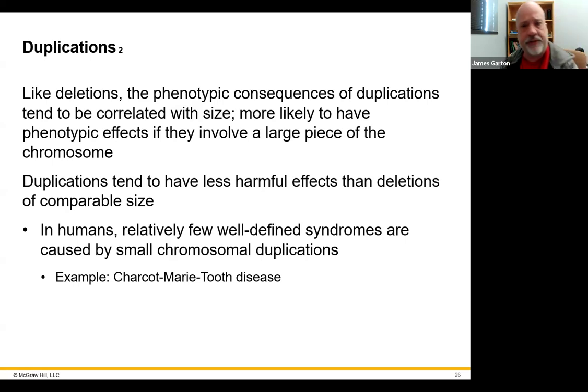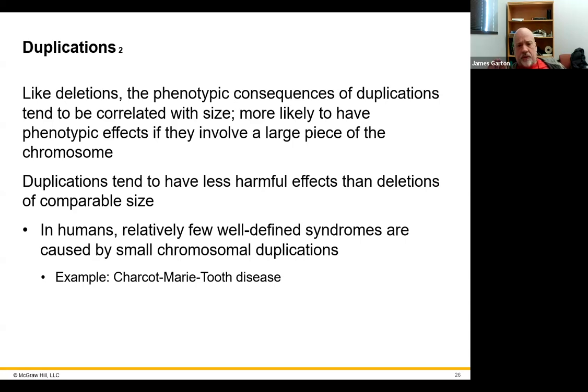And kind of like deletions, what effects a duplication has is going to depend upon how big of a piece of that chromosome is duplicated. Now, duplications tend to be less deleterious than a deletion. And that's because you have mechanisms that can adjust the dosage of DNA that you have more than two copies of.